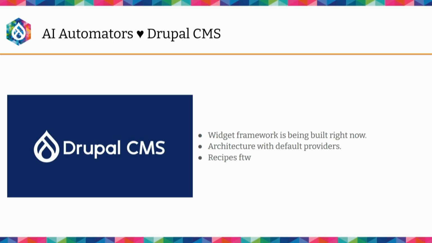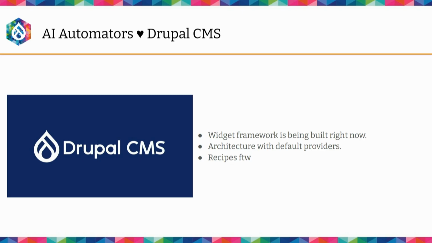And this is interesting because we have this architecture with default providers in Drupal AI, which means we don't necessarily need to define in a recipe that you have to have OpenAI here, or Anthropic, for this to work. We can just say you need a chat model with vision capabilities, so a chat model that can look at images.